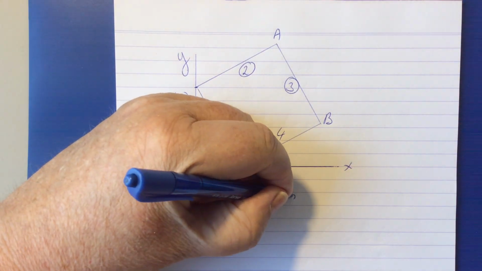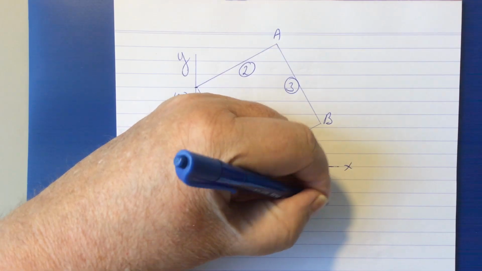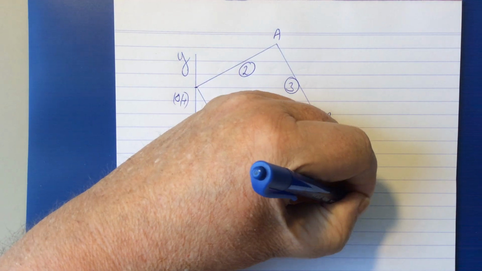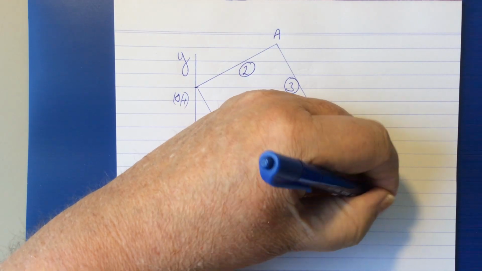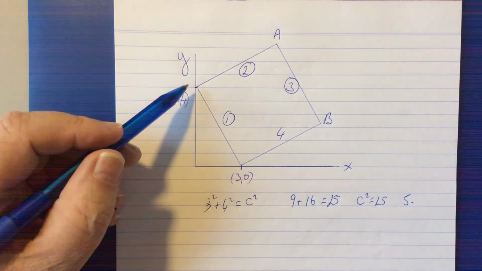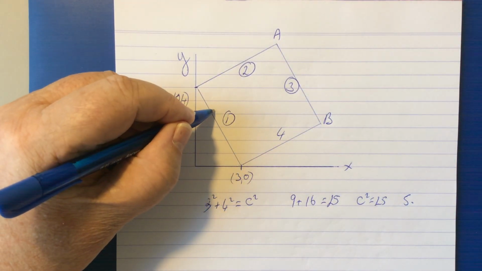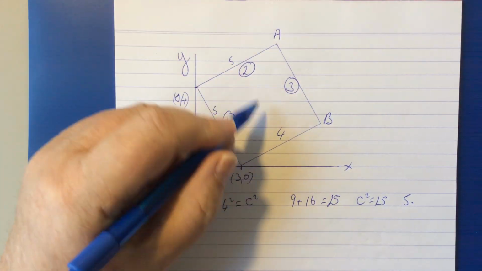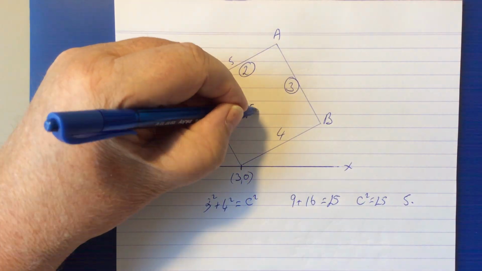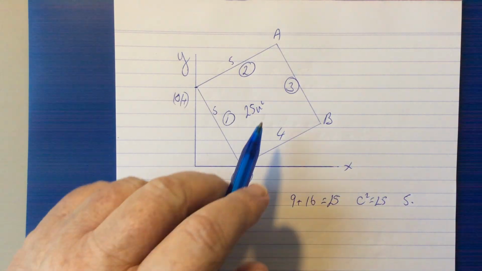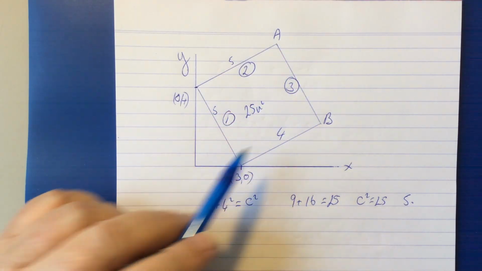That is 9 plus 16, which equals 25, so c is 5. This is 5 units. This is a square, so that is 5, and this whole thing is 25 units squared. Well, that's our area.